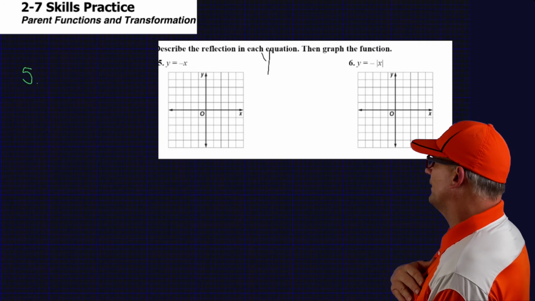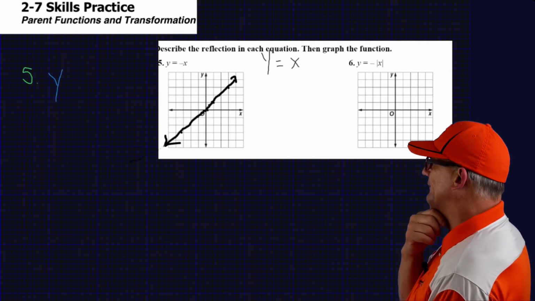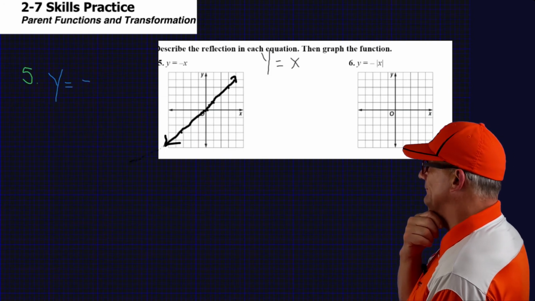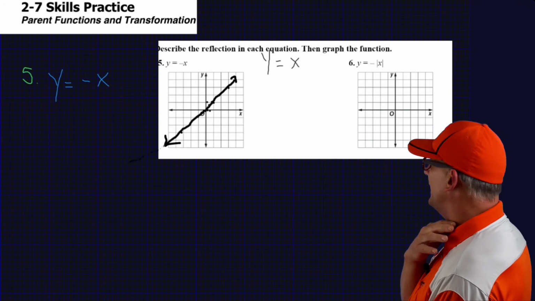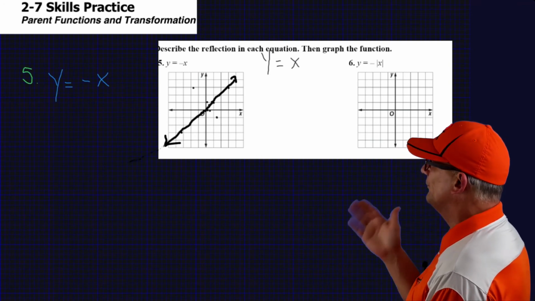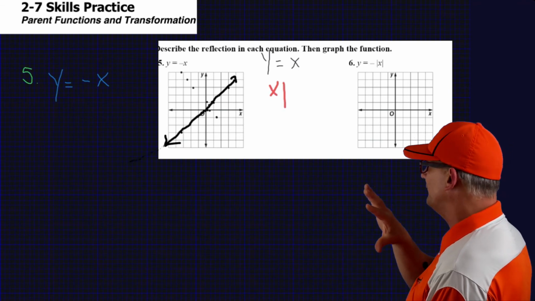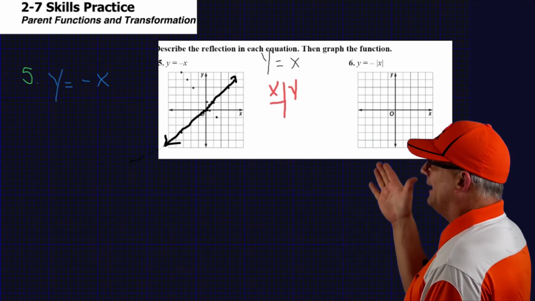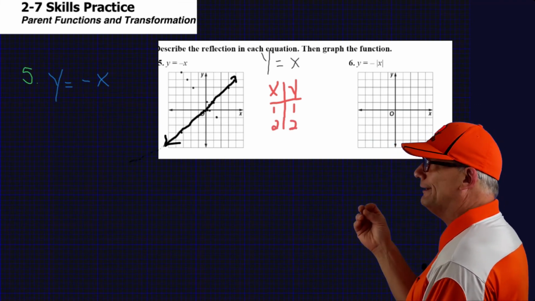All right, so here we have y equals -x. Obviously, this is a linear function, right? It's a straight line. But what's the translation when it's y equals -x? So what the negative does in front of the variable, just the negative by itself, is it means it wants its opposite. Think about it.